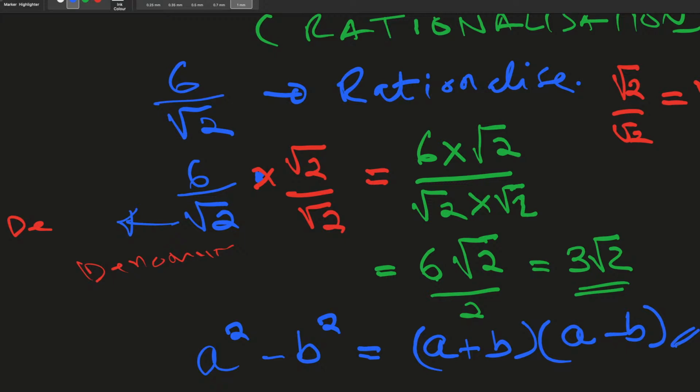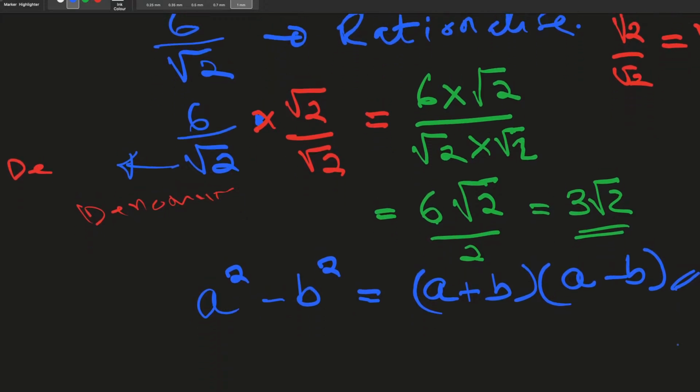We are going to use this equation most often when we're doing our rationalization. Because when you expand the right hand one, you are going to get this. So this equation is going to be vital for us when we are doing rationalization.